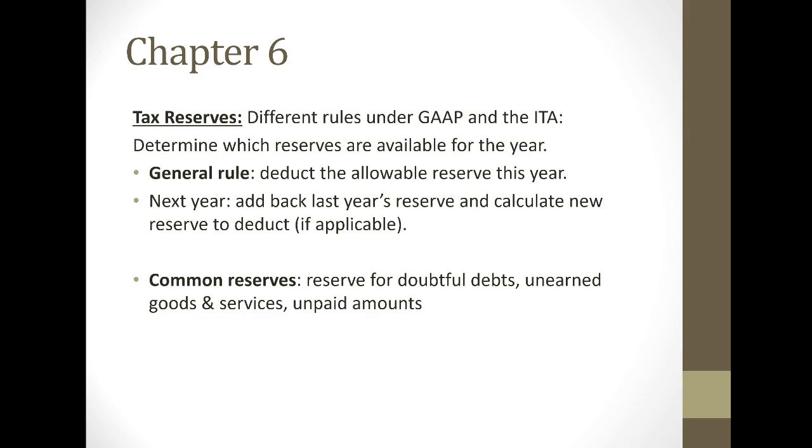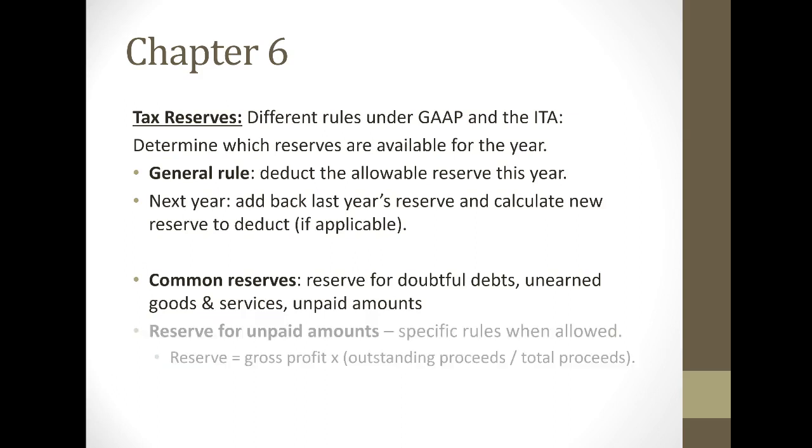The third one is for unpaid amounts. For this one there is no accounting equivalent. The reserve for unpaid amounts basically says that if a company makes a profit on a sale and they don't get all the proceeds in the first year of sale, they could take a reserve to defer the taxation of some of that profit.